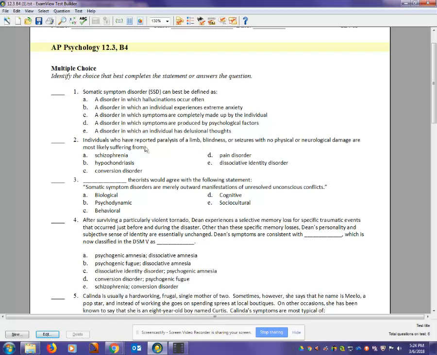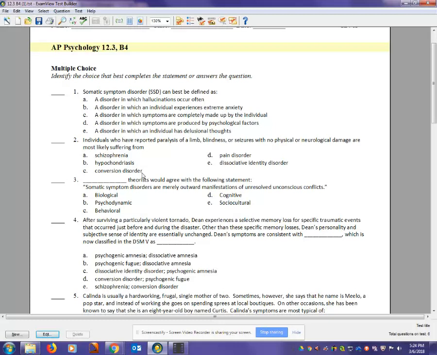There's a pretty good example in your textbook, and a really good historical example of conversion disorder. The largest known civilian group of people in the world with trauma-induced blindness were Cambodian refugees. I'm not sure if you've studied much about genocides in world history, but the Khmer Rouge, following the Vietnam War, persecuted Cambodians for some time.